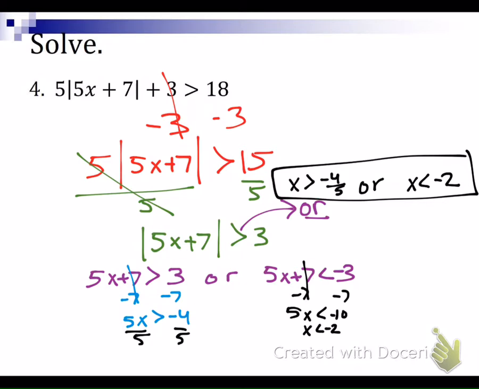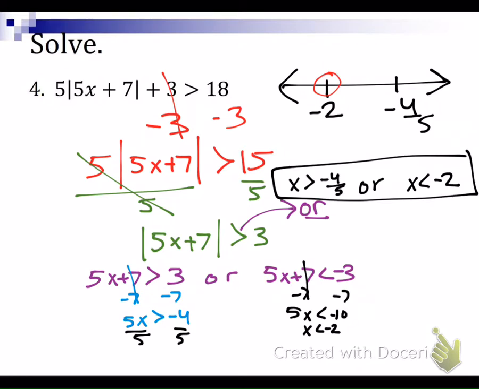Now, let's see if it works out on a graph. Then I'll be confident. So which one's farther to the left? Yeah, the negative 2 is farther to the left than negative 4/5. All right. Negative 2's inequality goes which way?